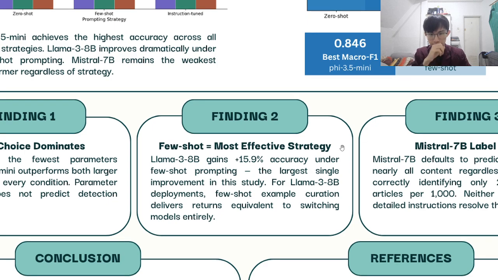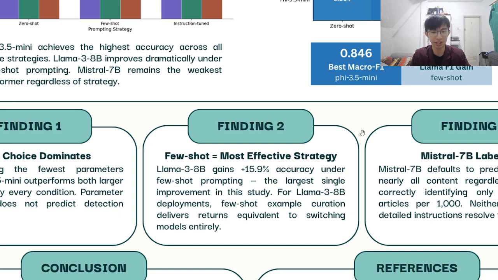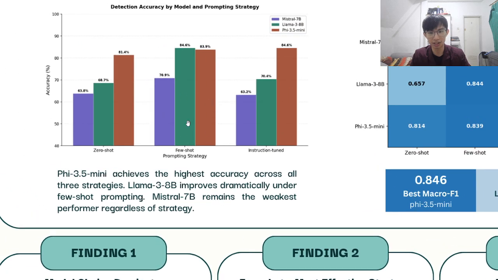The second finding is that the few shot strategy is the most effective strategy, because as you can see right here, it has very high scores compared to the others, especially on Llama.